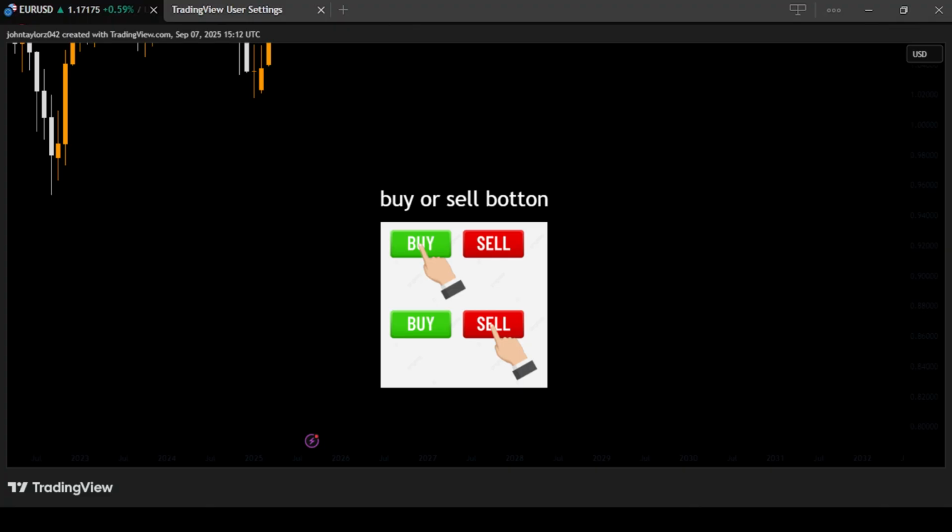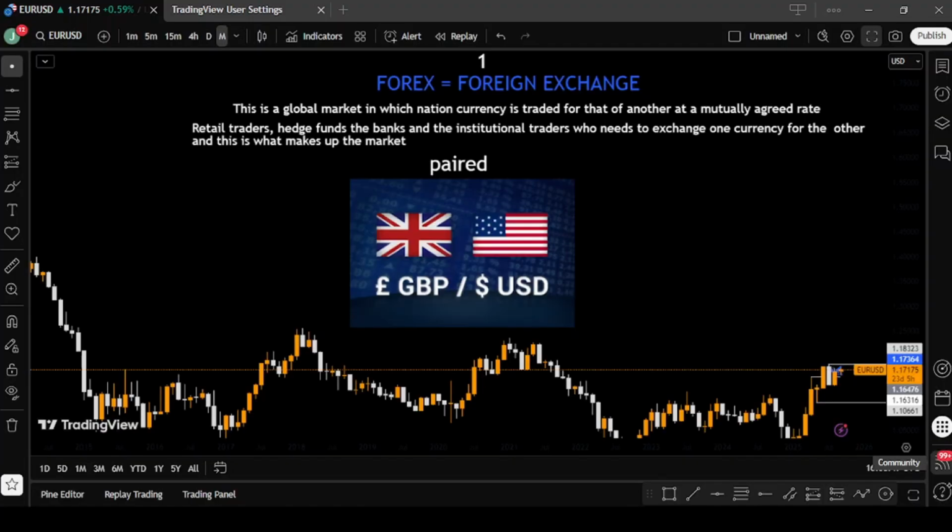That is why they are called brokers, and they also offer you leverage to trade. There are two main markets, the spot market and the futures market in forex. Later we'll dive deeper into that, but that is it for now.